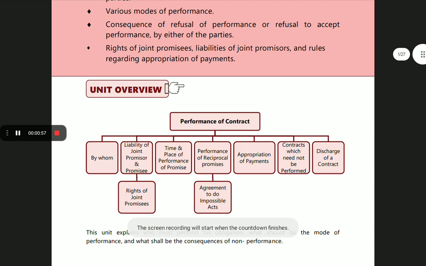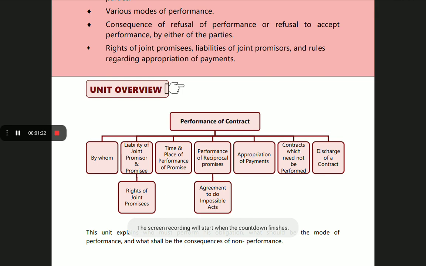Unit overview. Performance of contract. By whom? Liability of joint promisor and promisee. Rights of joint promisees. Time and place of performance of promise. Performance of reciprocal promises. Agreement to do impossible acts.